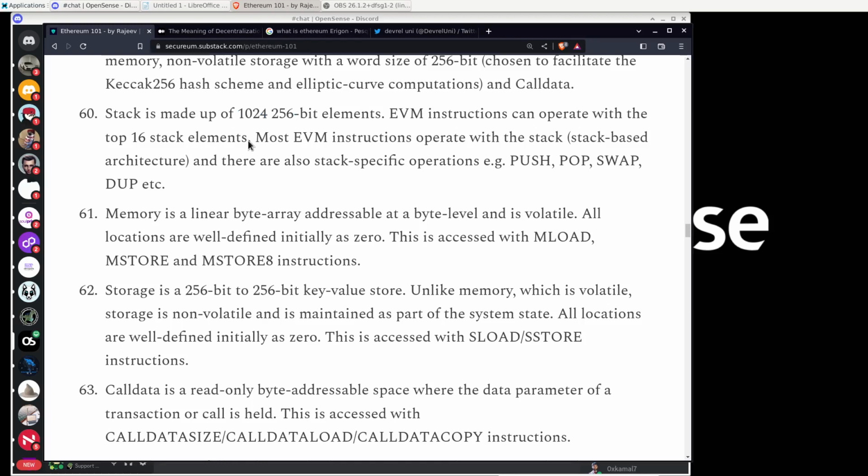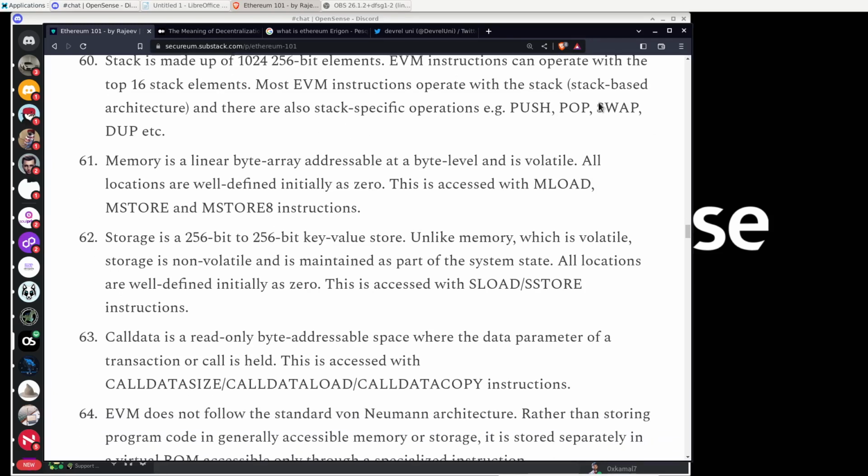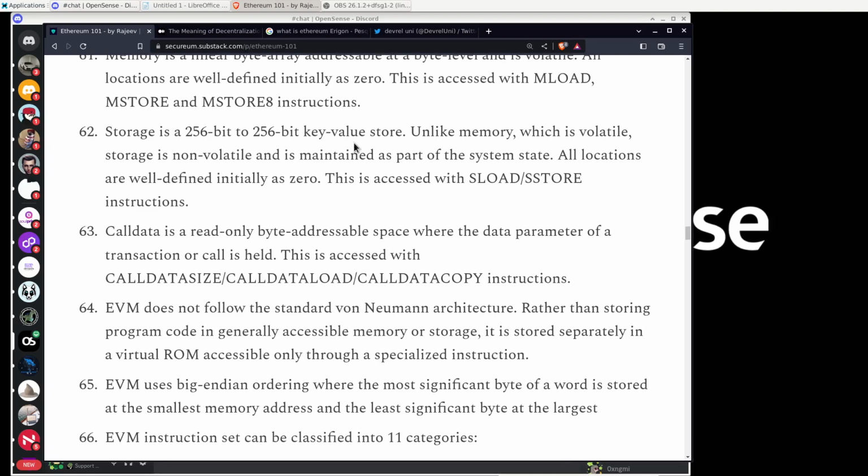Most EVM instructions operate with a stack-based architecture, and there are also stack-specific operations like push, pop, swap, and dup. Push puts something onto the stack, pop removes the last item, swap will exchange items, and dup will duplicate it. Seems complicated, but once you learn these things, they are not that hard.